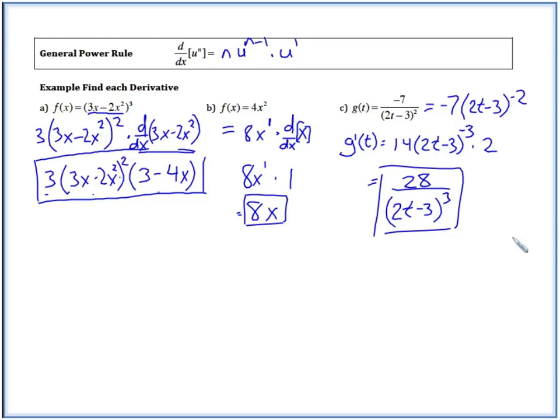And there is our derivative. Alright, so that is using the general power rule. It's a special case of the chain rule, and it can just help speed things up when your functions are in this form right here.